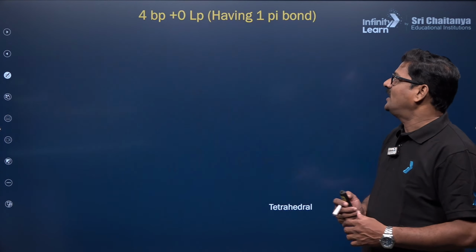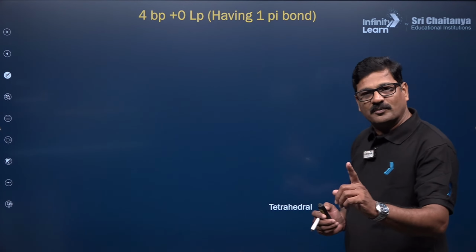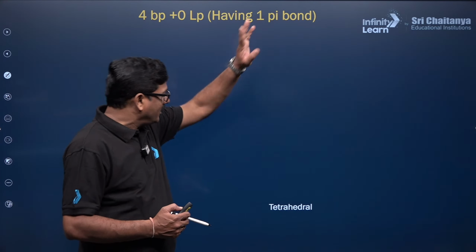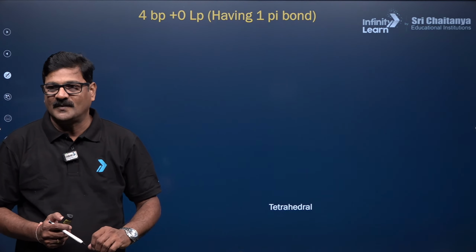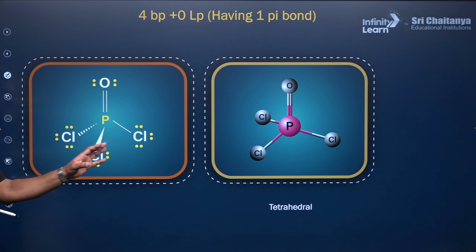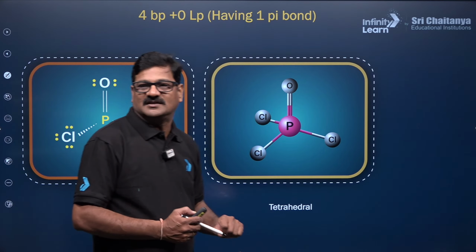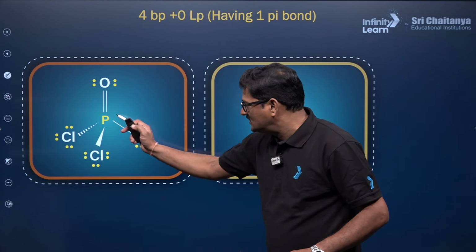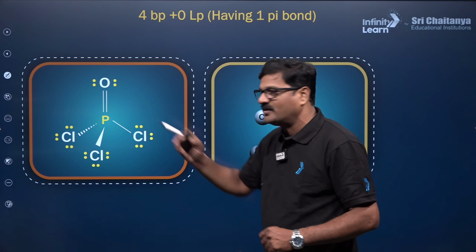Thank you very much, and let us see 4 bond pairs, 0 lone pairs, but I want to introduce a pi bond in it. When you do so, you are going to get POCl3. So phosphorus with Cl, Cl, Cl, and oxygen has a sigma and a pi bond.